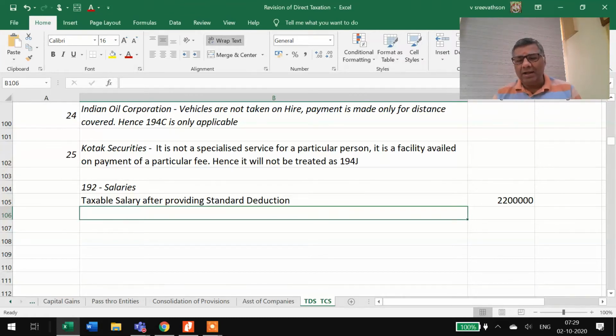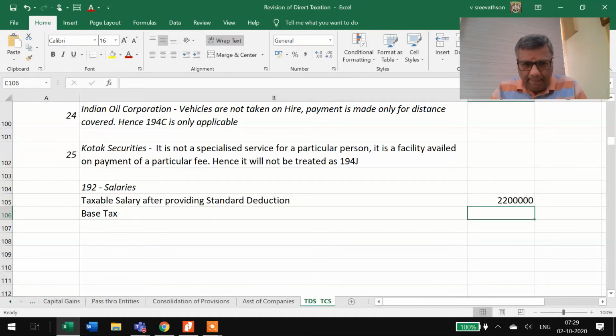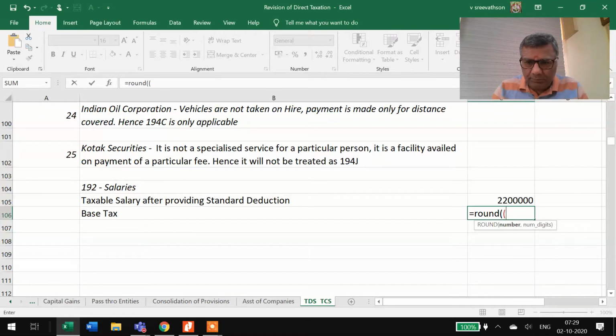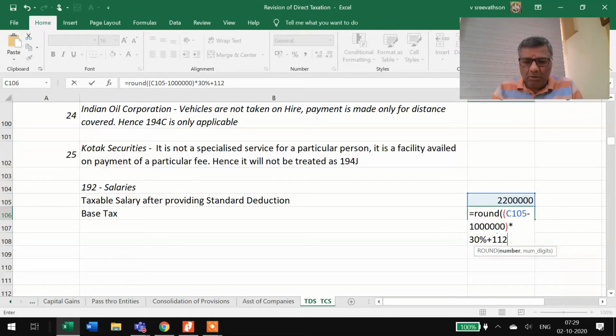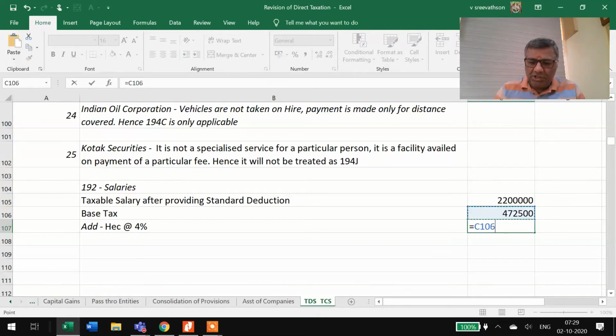For 192, after all deductions, 22 lakhs: base tax will be 22 lakhs minus 10 lakhs into 30% plus 1,12,500, so 4,72,500, and add HEC at 4%.